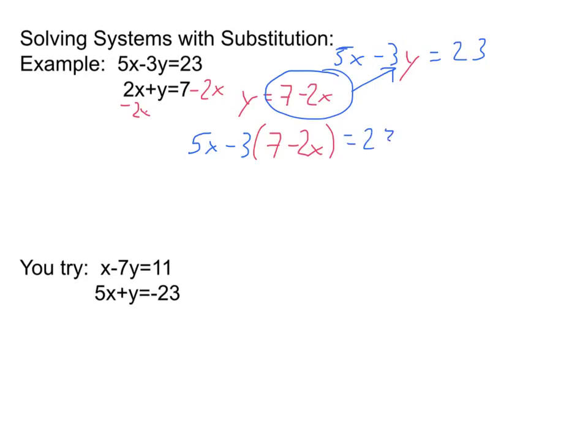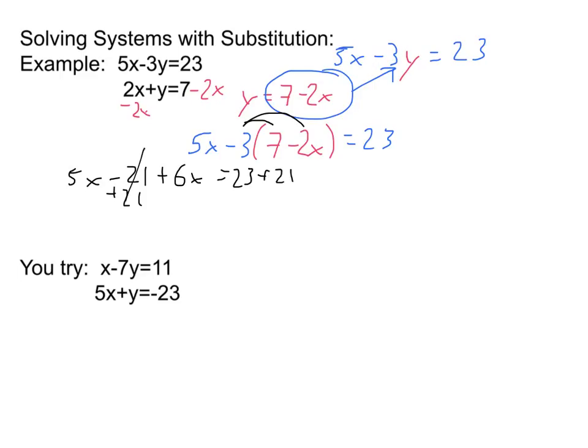equals 23. Okay, so now we use the distributive property and distribute that negative 3 to both of these. So we get 5x, negative 3 times 7 is negative 21, negative 3 times negative 2x is positive 6x equals 23. Okay, I need to combine my x's together and get that negative 21 over to the other side, so I'm going to add 21 to both sides.